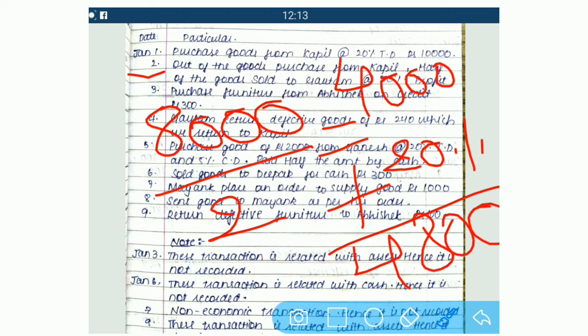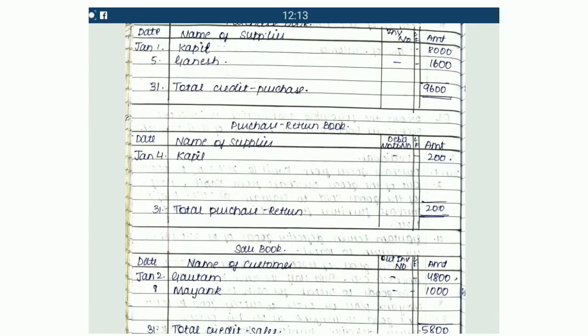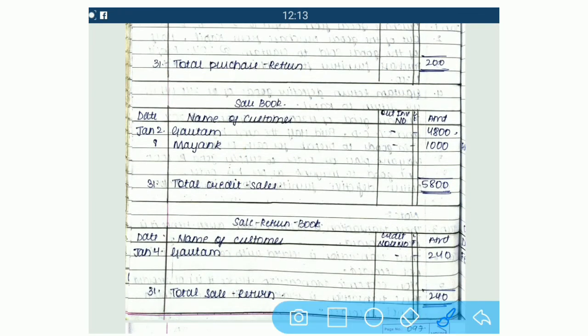That means we have sold goods worth rupees 4,800. And to whom have we sold the goods of 4,800? To Gautam. So it is to be recorded in the sales book. So here you can see Gautam account rupees 4,800.